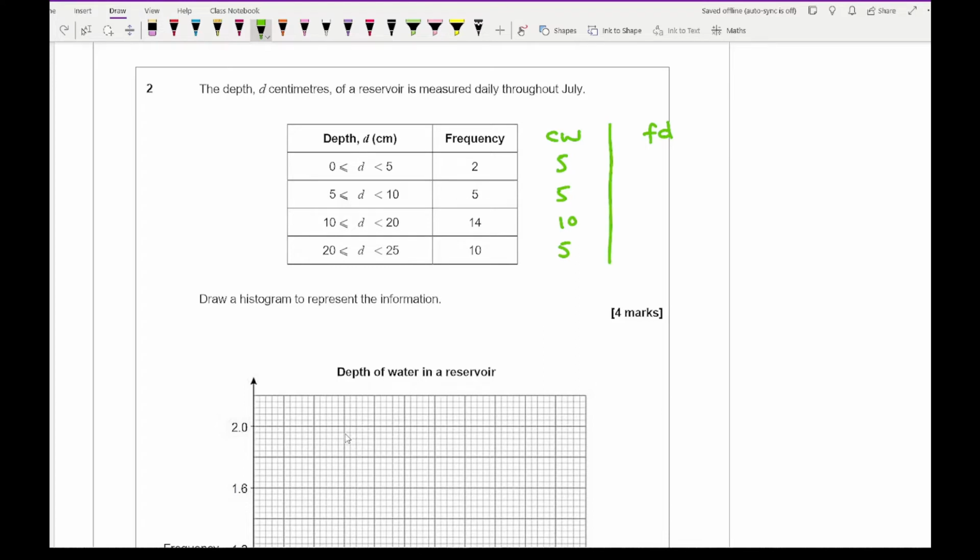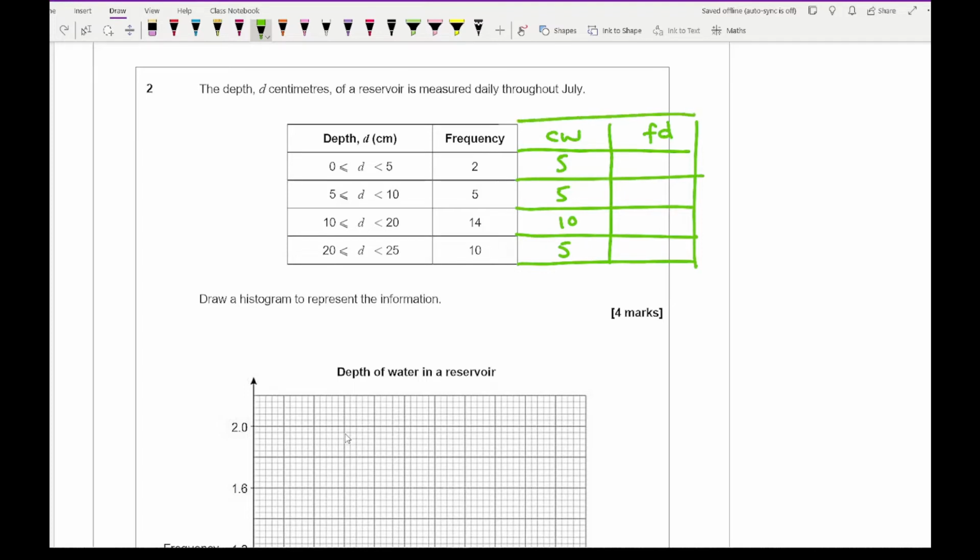So typically with a histogram this should really have different class widths, and with this one we actually have got a different class width even though there's only one, and then it's just a case of filling in the numbers. So I've got to do 2 divided by 5, 5 divided by 5, 14 divided by 10 and 10 divided by 5.